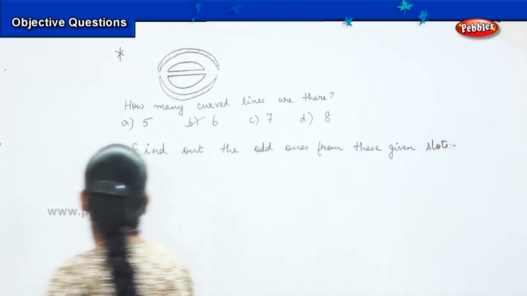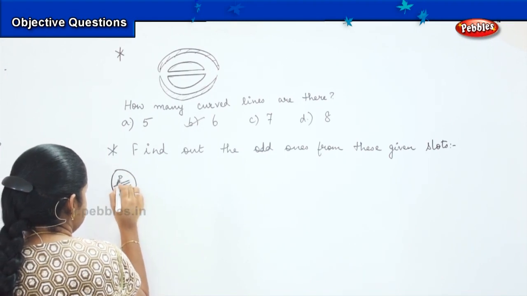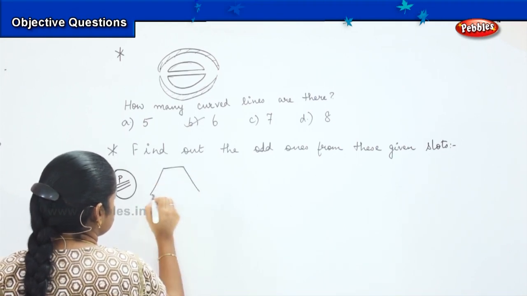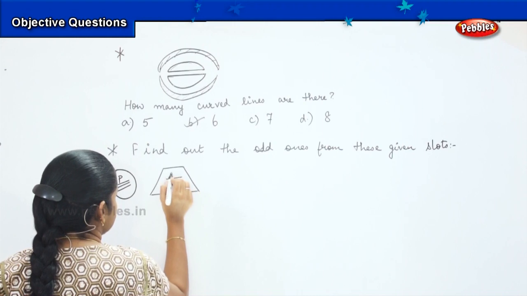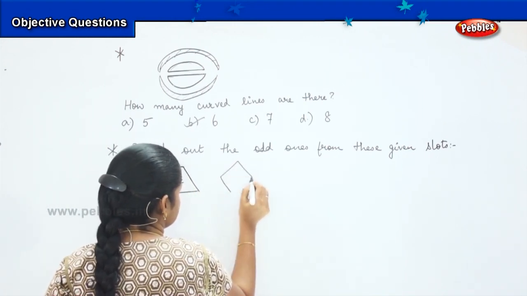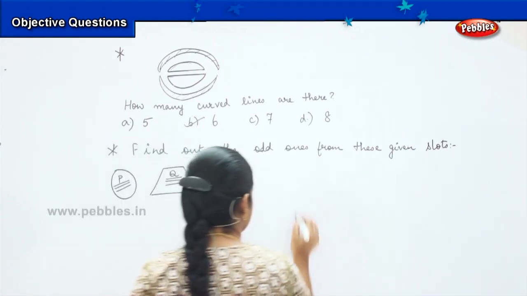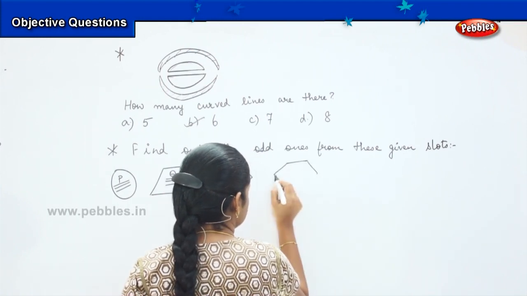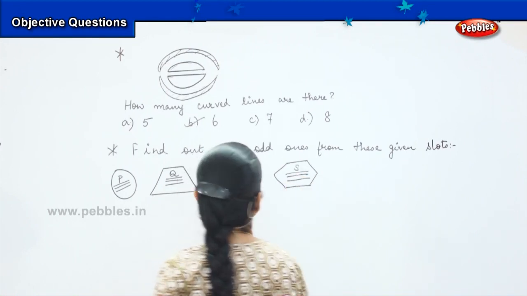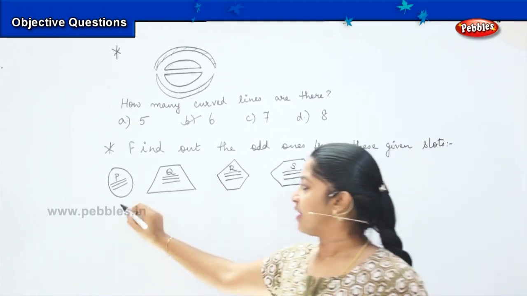Okay, and the first picture is P. The second picture is Q. The third picture is R, and the fourth picture is S. So now you need to find the odd one out from the given slot.